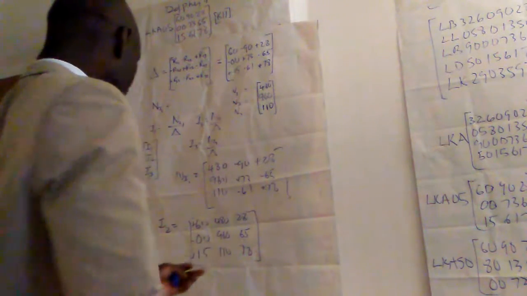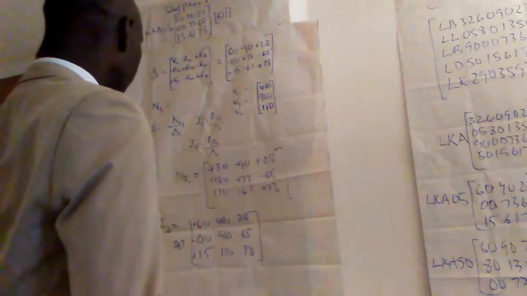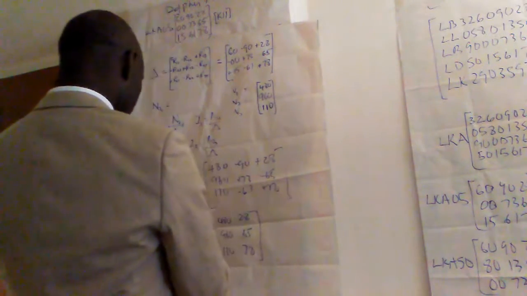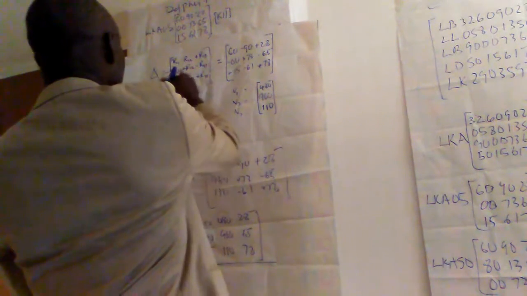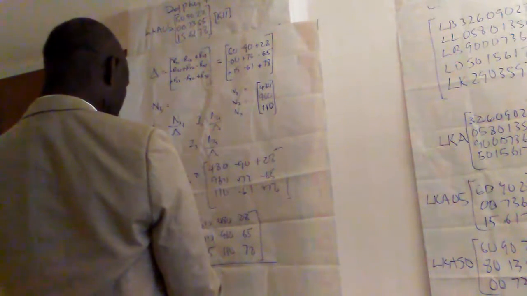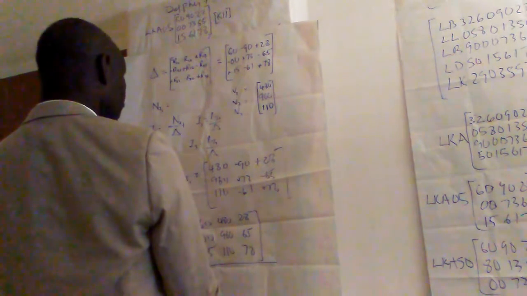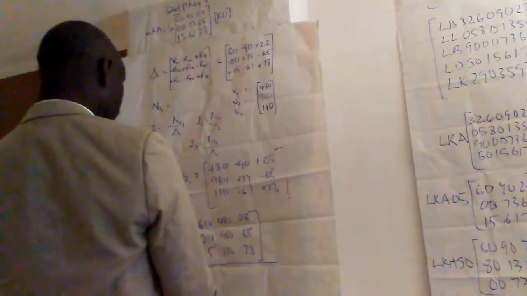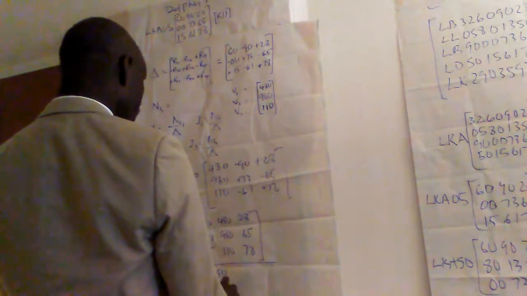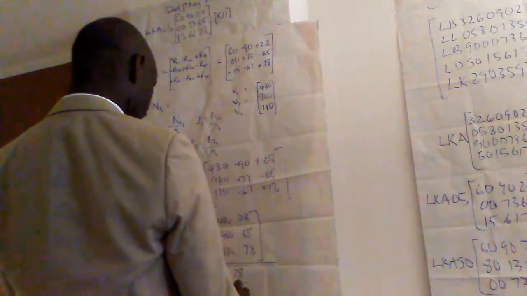So I take the determinant of this, let's write that. Determinant, over delta. And we know delta is the determinant of this matrix, which would be now 60, 0, 0, 15, 90, 73, 61, 28, 65, and 78.